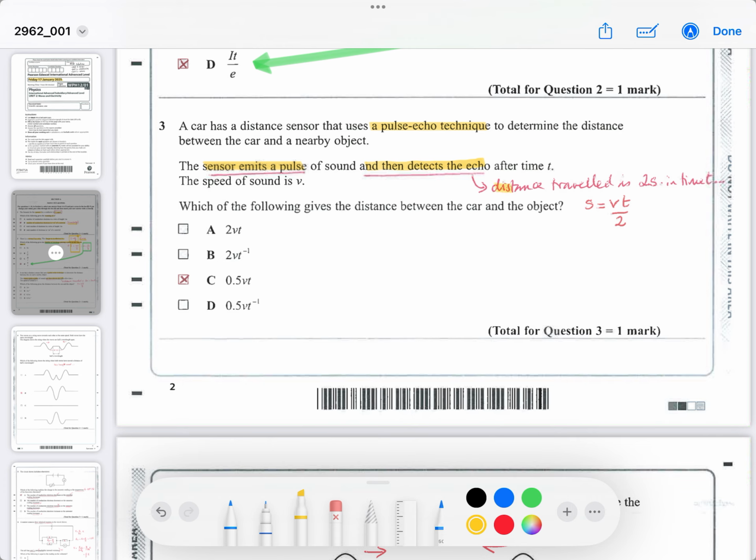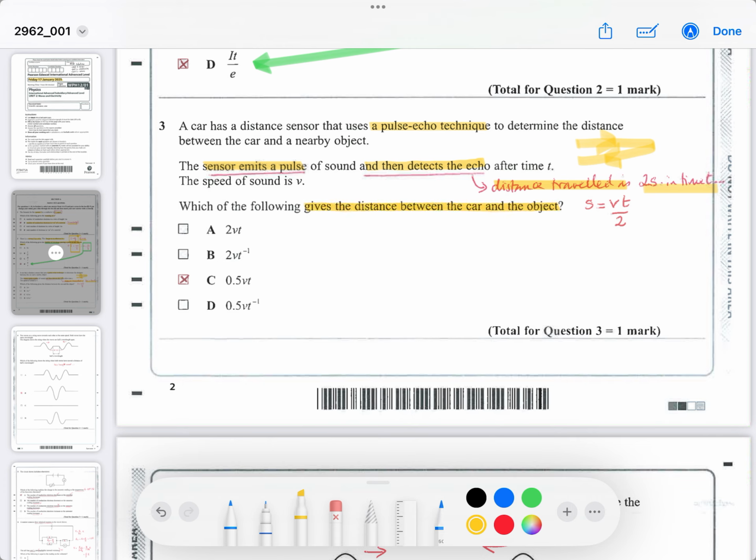So obviously the distance traveled is 2s because it has to travel there and back, because it's the time for it to be emitted and detected. So it's going there and back again. So the distance it travels is 2s. They want you to work out which expression gives the distance between the car and the object.